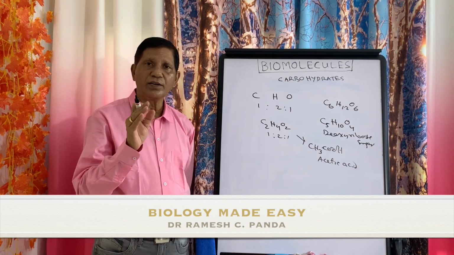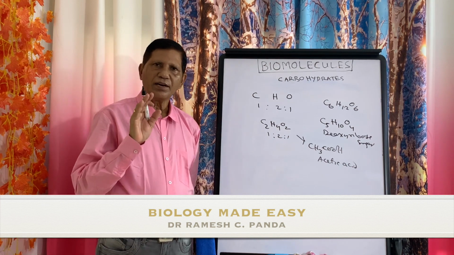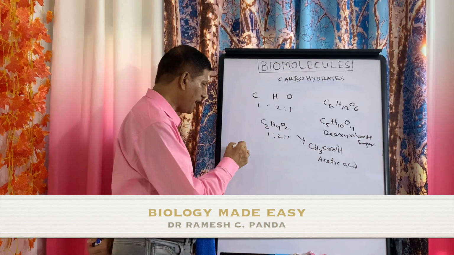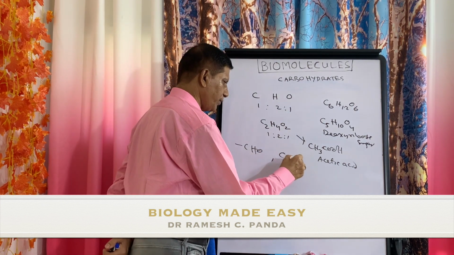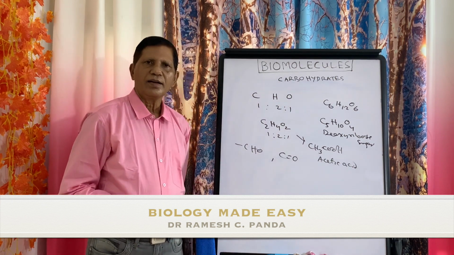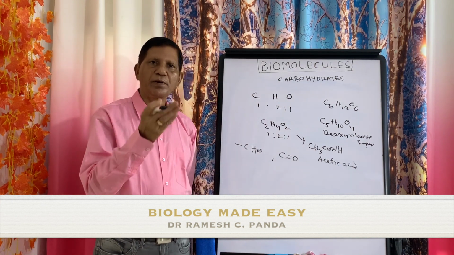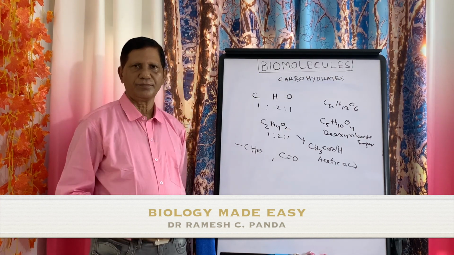Then what is the correct definition of carbohydrates? Any organic compound that contains either one aldehyde group or keto group, that is a carbohydrate, or a derivative of a polyhydroxy alcohol.